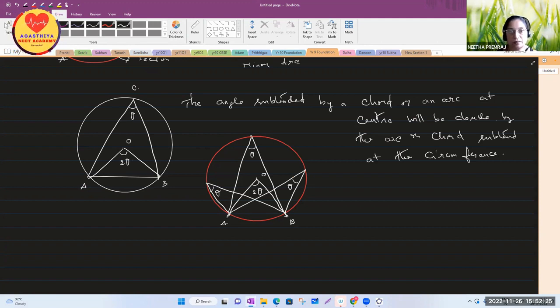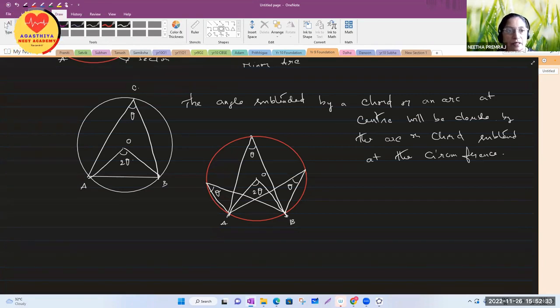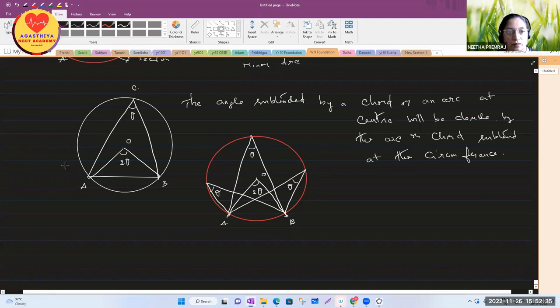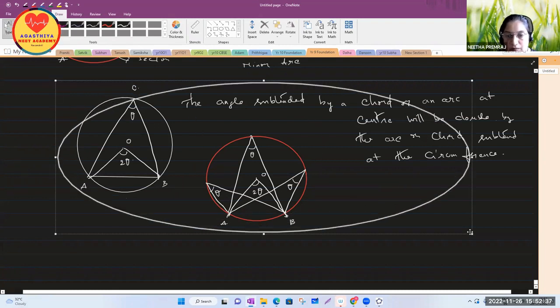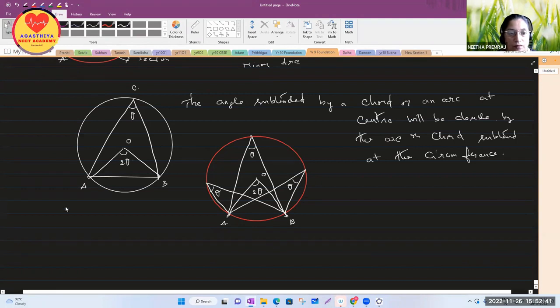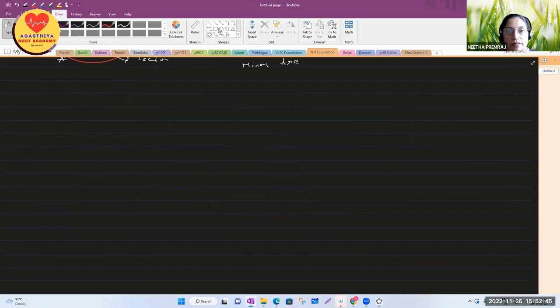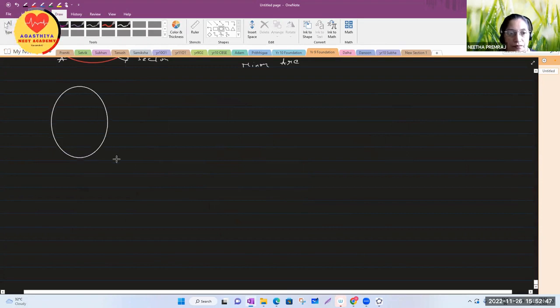Another concept is, see, there are two concepts. I'll give you two concepts. First concept is, there is a circle.